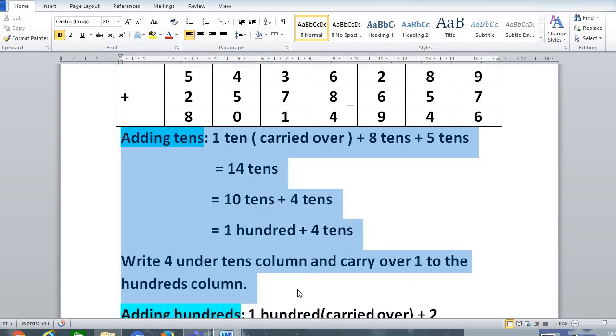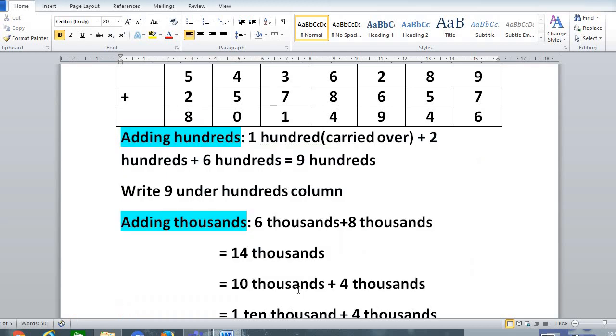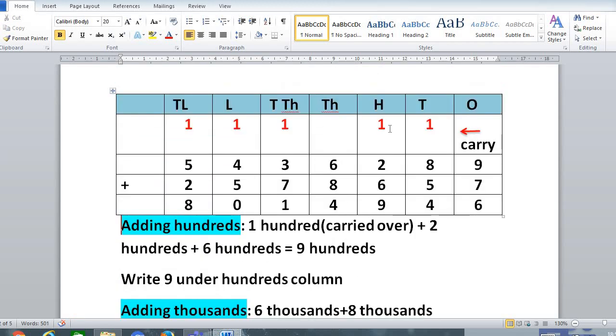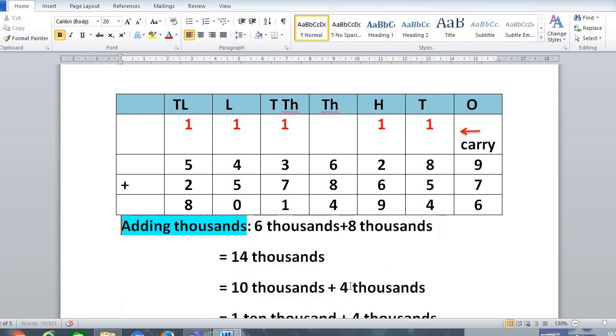So adding tens, done. Now move to the hundreds column. This 100, which is carried over, plus 200 plus 600, that is 900. So write 9 under the hundreds column. After the hundreds column, move to the thousands column. Here 6,000 plus 8,000, that is 14,000.